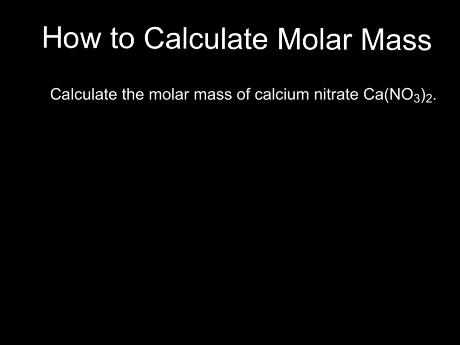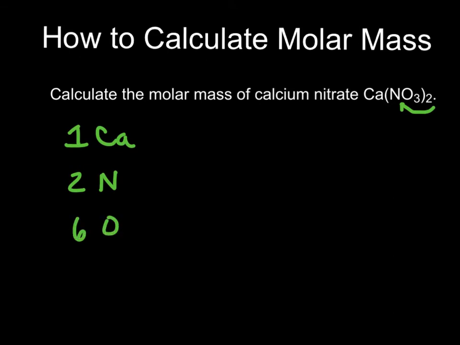When we look at the formula, we see that we have 1 calcium. And when we distribute the 2 into the parentheses, we have 2 nitrogens and 6 oxygens.